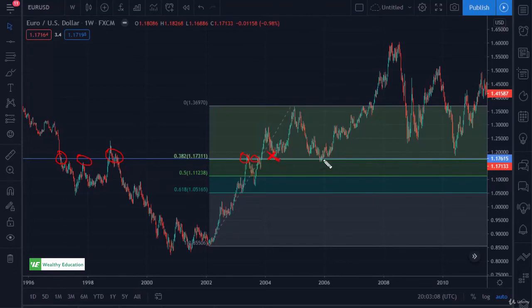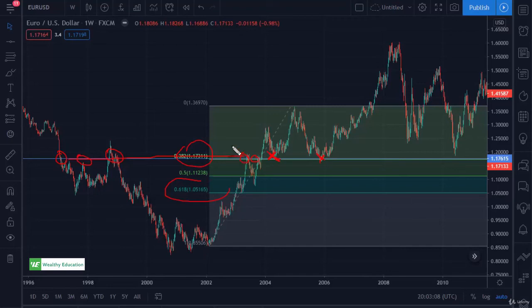So when we came back, that's an area that the market was interested in both directions, support and resistance, and has the 38.2, which is one of the most commonly followed Fibonacci ratios. It's not the golden ratio like I mentioned earlier, but that's fine. It doesn't have to be.